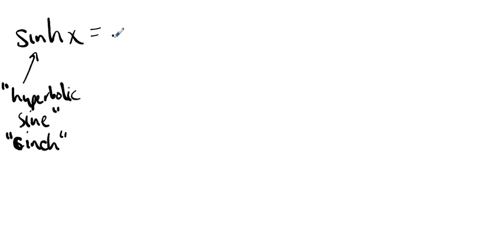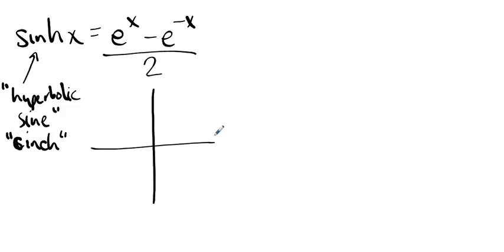And sinh of x is e to the x minus e to the negative x over 2. And it looks roughly like this. Doesn't look a thing like the regular American sine function. Not a thing.